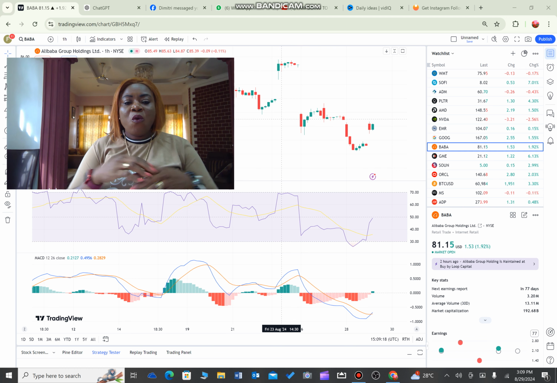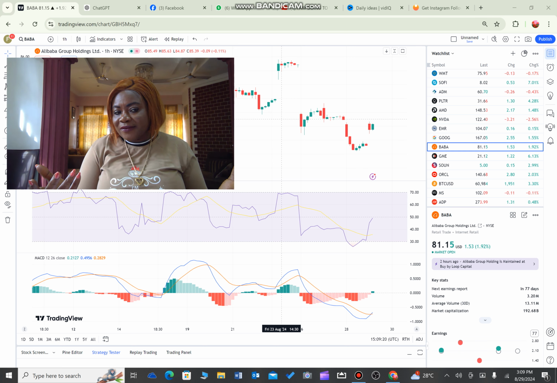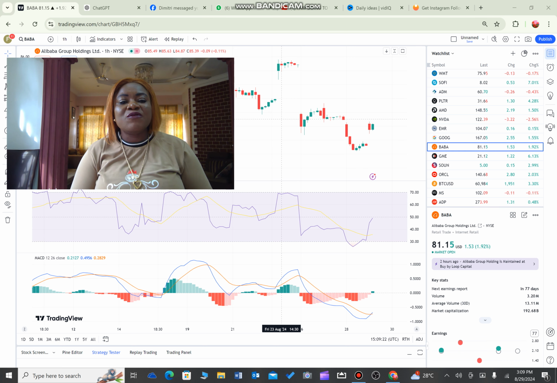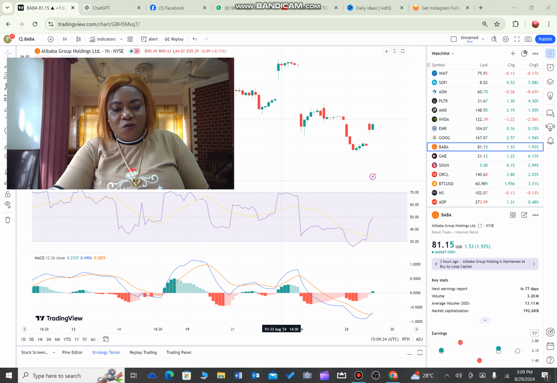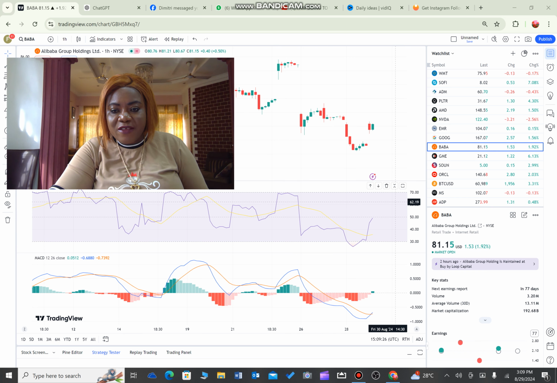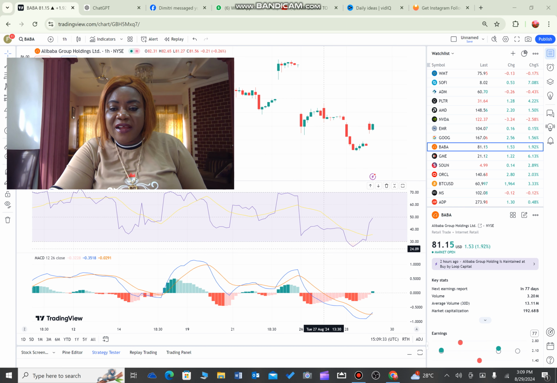Now, what then is RSI? RSI is Relative Strength Index. If you watch my graph here, you can see that we have a pinkish background with a graph running.